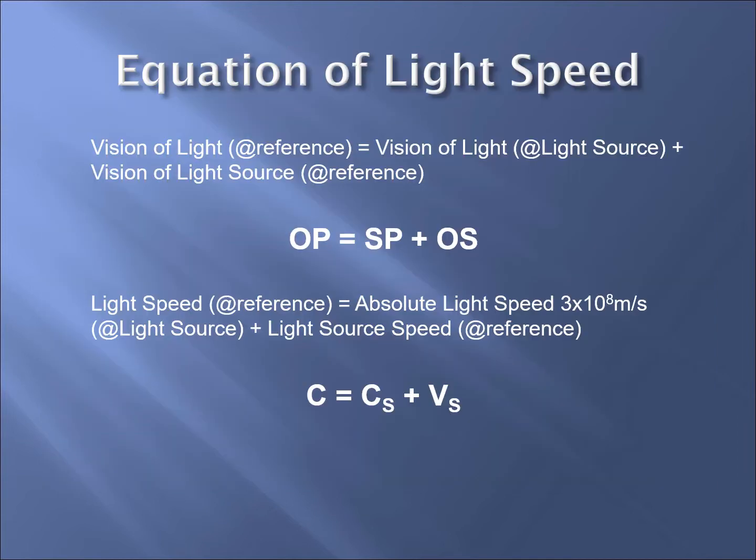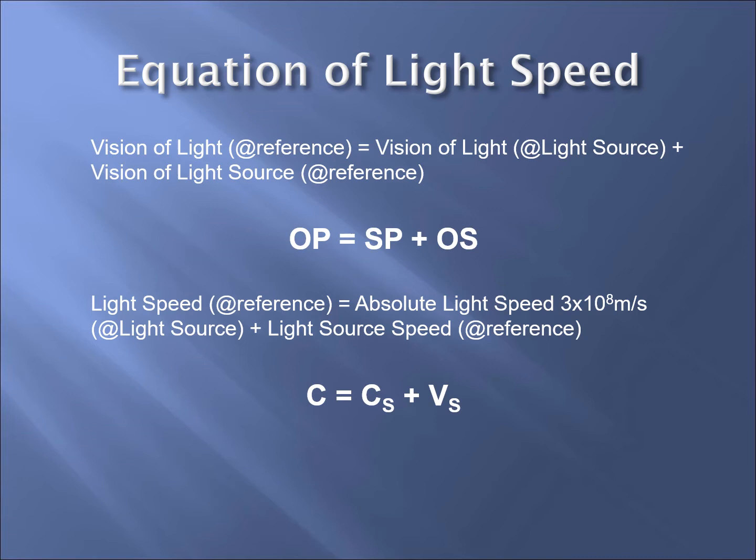This slide shows the equation of light speed. Region of light at reference equals region of light at light source plus region of light source at reference. OP vector equals SP vector plus OS vector.